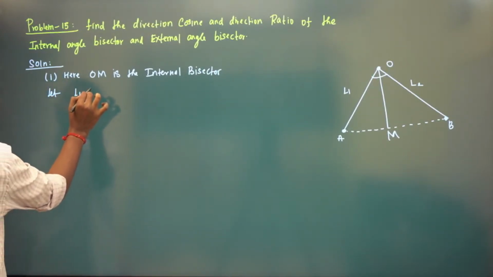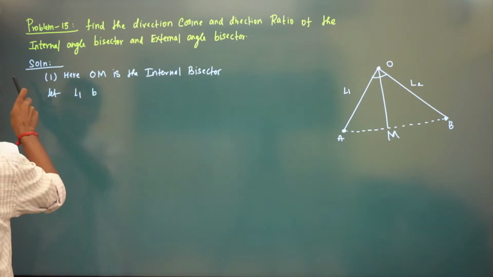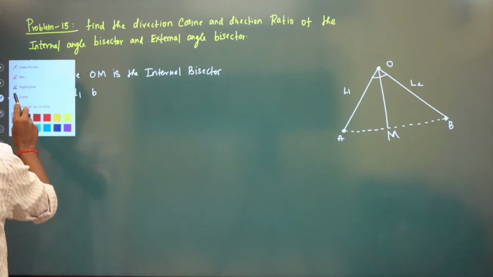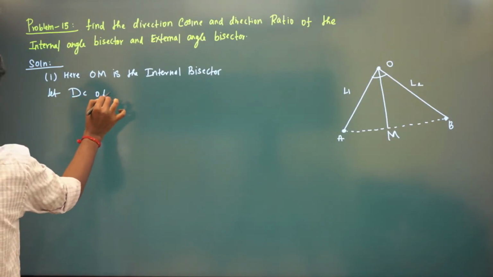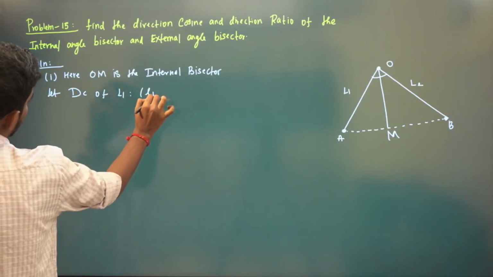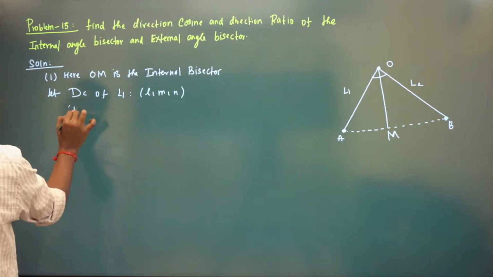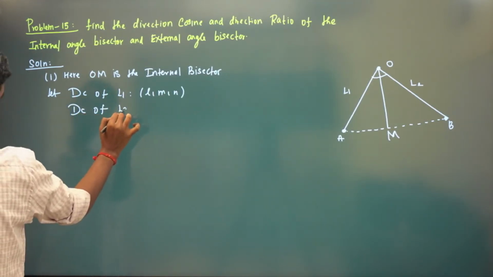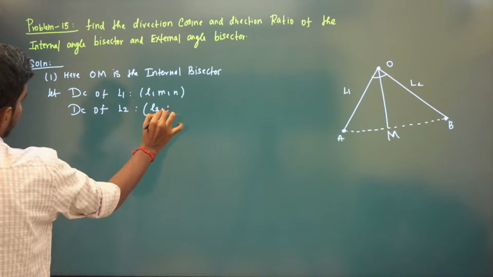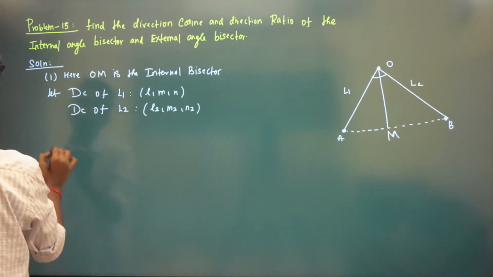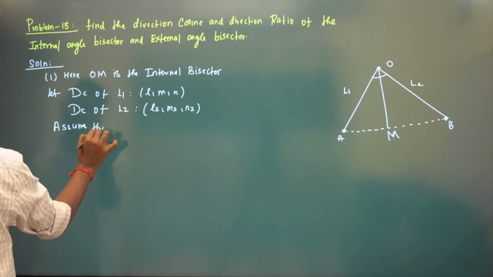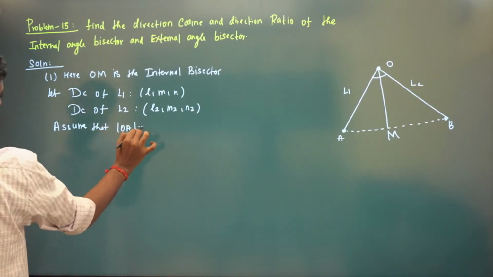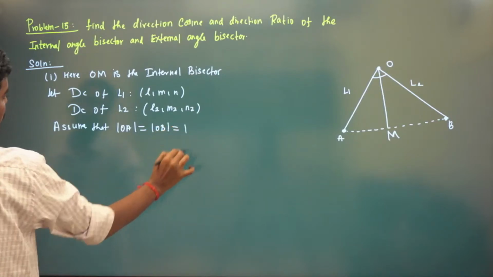So let the direction cosine of the first line be L1, M1, N1, and the direction cosine of the second line be L2, M2, N2. So assume that the length of OA and the length of OB is 1, right?